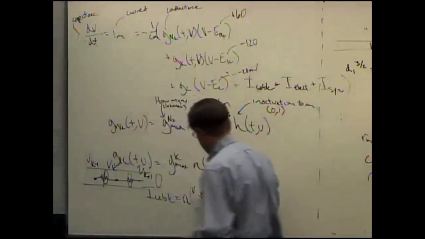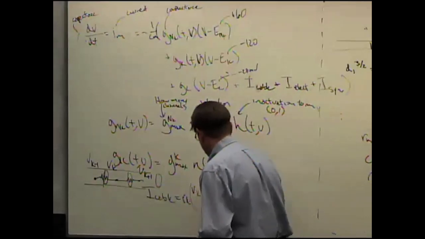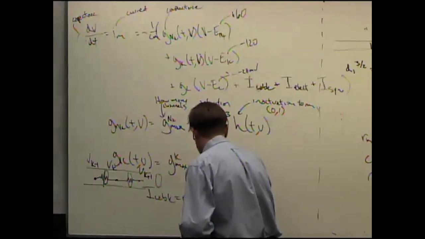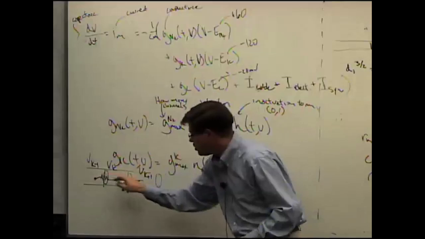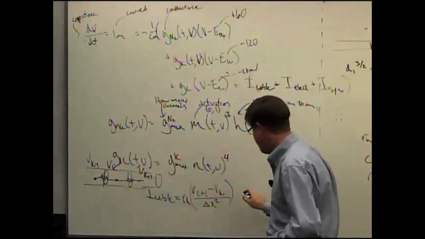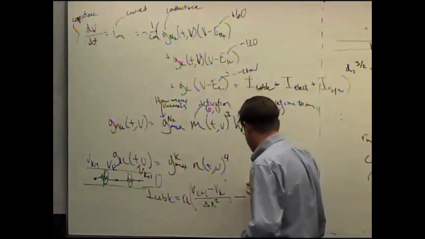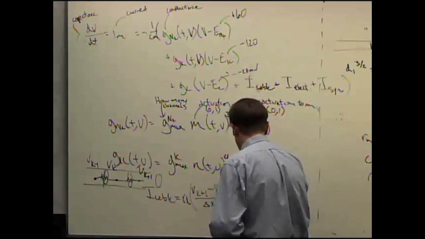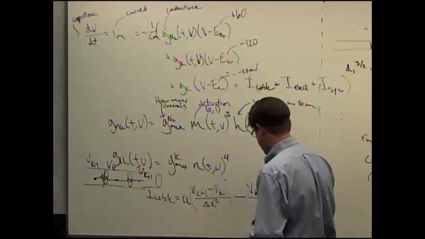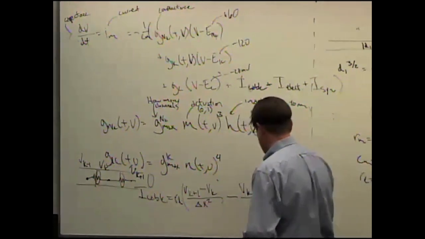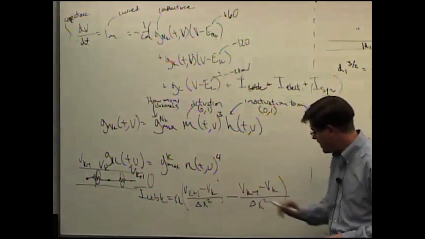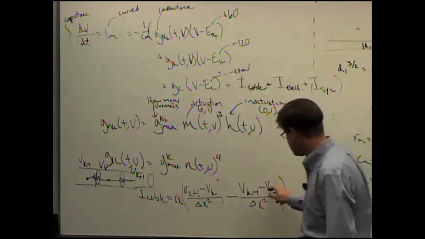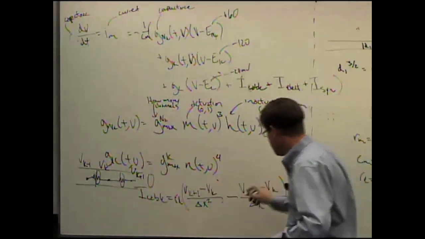And we can look at the voltage of K plus 1 minus voltage of K divided by the change in X squared. So this is the difference. That's the current coming in from the left side minus VK minus 1 minus VK over delta X squared. And so we can just look at the voltage to the left and right. I think I may have screwed up something in that equation, because I think these are supposed to add, not cancel. Yeah, we just add these together.